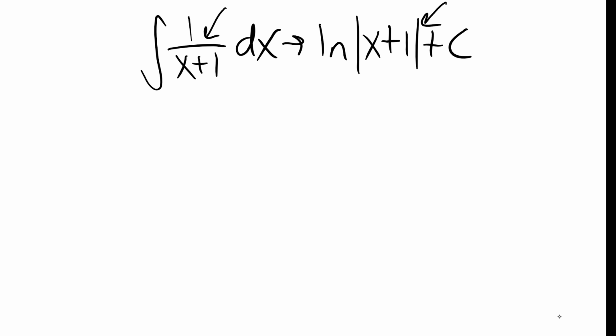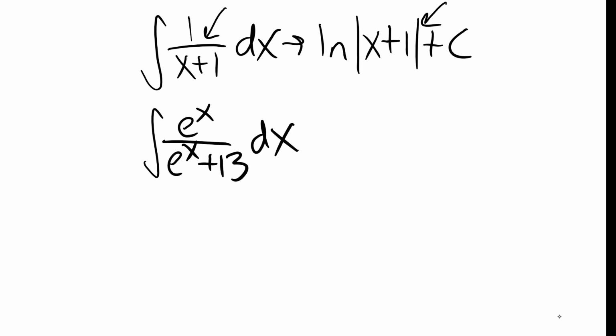And then we graduated on to trickier problems like e to the x over e to the x plus 13 dx, where we can see here that the derivative of the bottom is the top, which makes this a much easier integral if we make the bottom u.